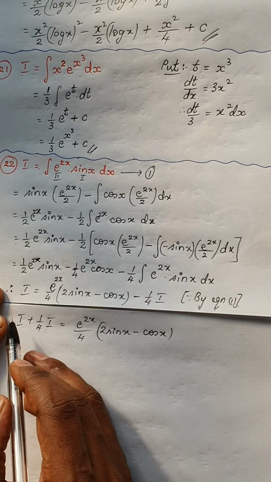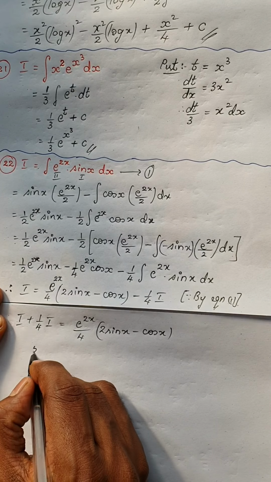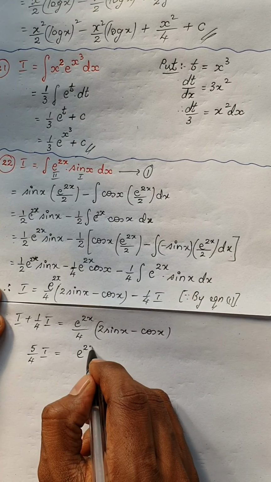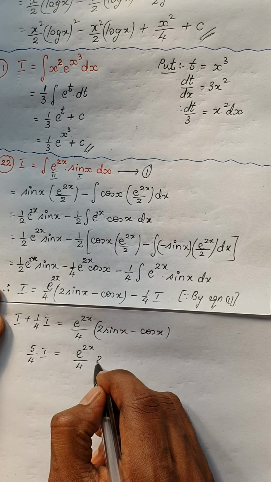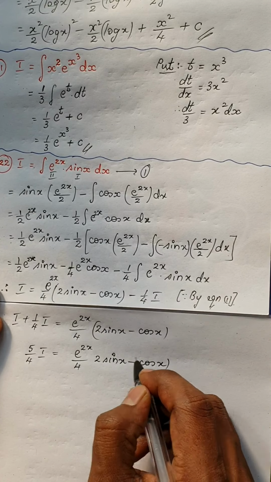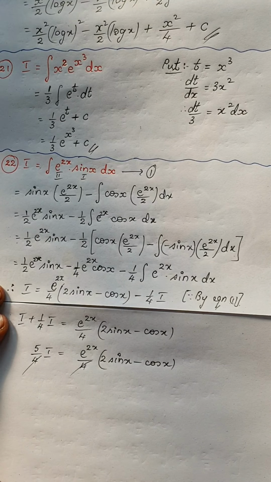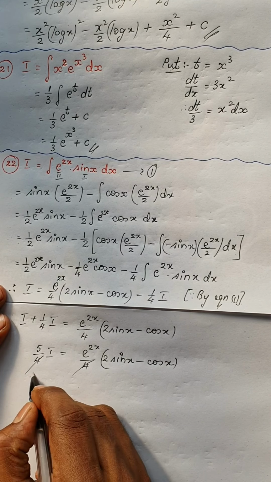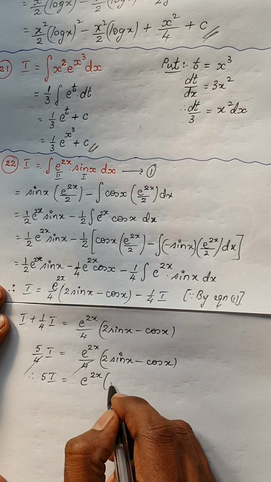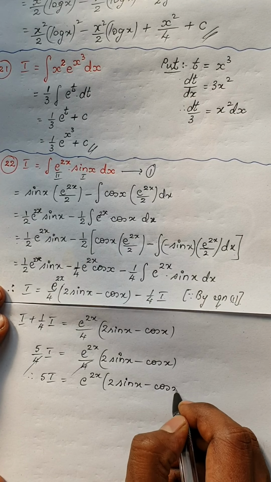Now if I take I common, you will get I plus 1 by 4 I, and if you take the LCM you will get 5 by 4 I is nothing but e power 2x divided by 4 into 2 sin x minus cos x. Now one more thing, you can note here 4 is common in the denominator in both the LHS and RHS. Therefore you have 5I is nothing but e power 2x into 2 sin x minus cos x.